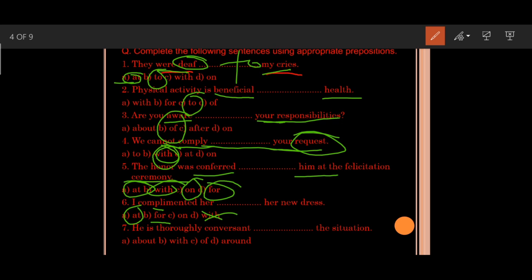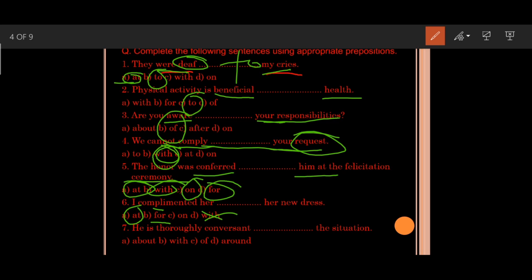So next one is when I say मैंने उसको उसके बाल के लिए कॉम्प्लीमेंट किया या मैंने उसको उसके बाल पे कॉम्प्लीमेंट किया. You cannot compliment an object itself. Alright? You have to compliment the person, not the object. So you can't say कि मैंने उसके बाल को compliment किया, मैंने उसको compliment किया उसके बाल पे. Right?